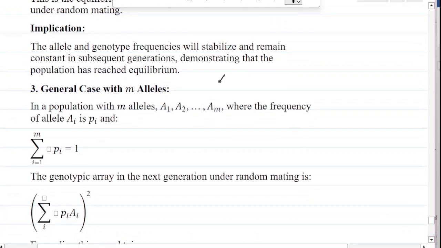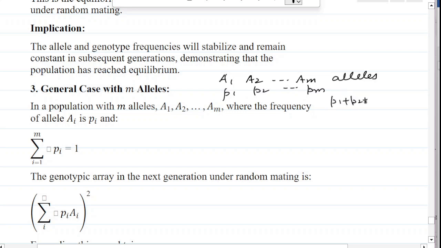So suppose you have A1, A2 and Am alleles with initial frequencies p1, p2 and pm, with the condition that p1 plus p2 and so forth up to pm will be equal to 1.